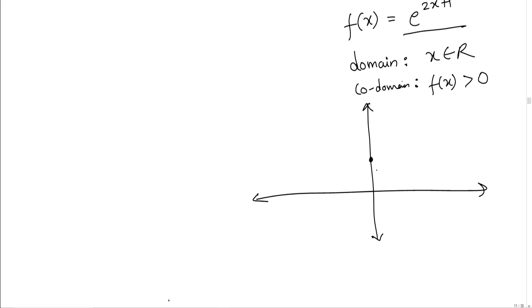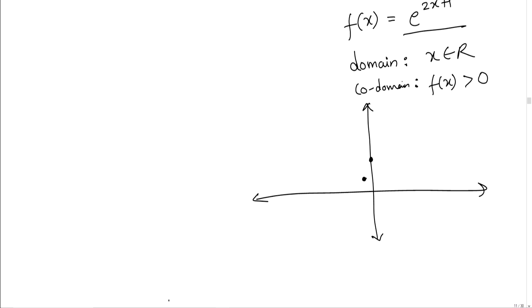When x is, let us say, minus 1 by 2, then the value of y would be 1 somewhere here.